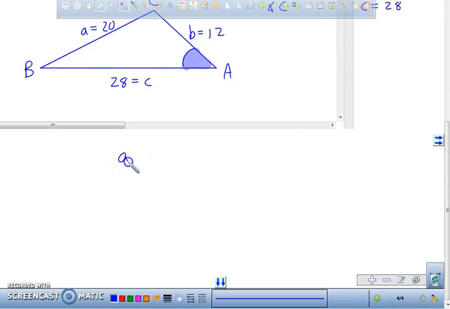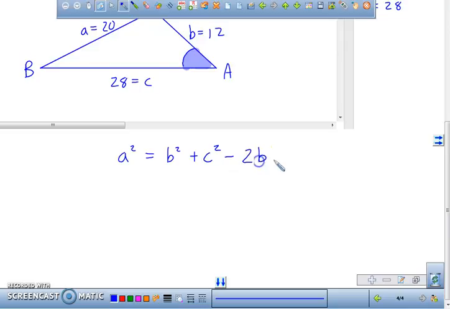I'm going to write a squared equals b squared plus c squared minus 2 times b times c times the cosine of angle A. Just so you know, this lowercase c represents the side, and this right here represents the cosine. So make sure you know that I'm not doing b times c times c times o times s. It's bc times cosine.